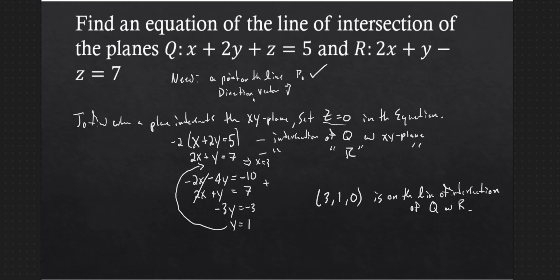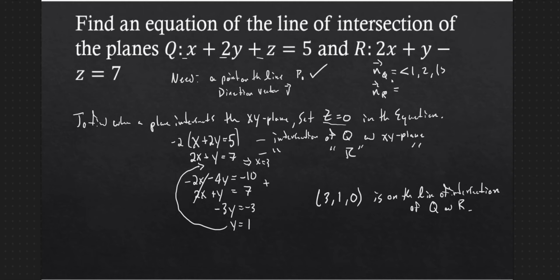How do I get a direction vector? How do I find a vector that's parallel to the line? Well, that comes from my normal vectors for these two planes. So I'm going to call them normal vector NQ, and normal vector NR. Remember, we have those bits of information. NQ, remember how I can read that off? It's the coefficients. The normal vector for Q is 1, 2, 1.